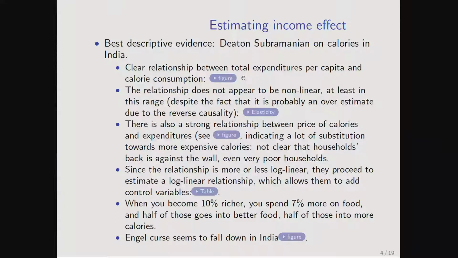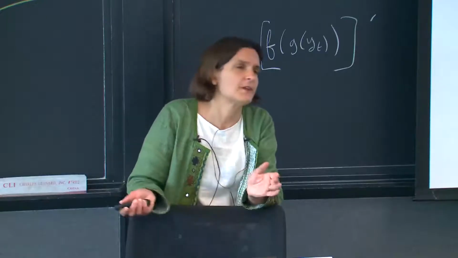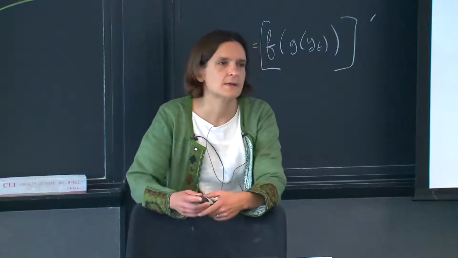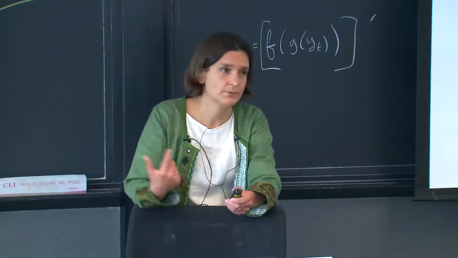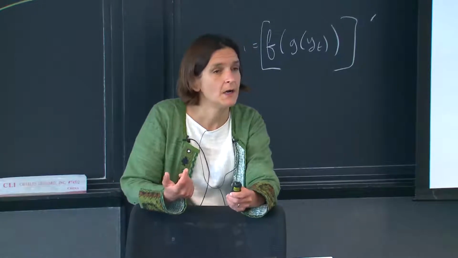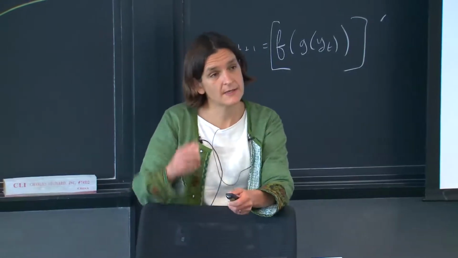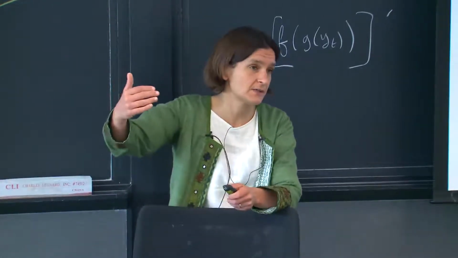It's worth skimming the paper because it's a difficult exercise to know how much people eat. The advantage of the National Sample Survey data is that they have a very, very, very detailed food questionnaire. Otherwise, if the questionnaire is not very detailed, you get into the problem, which I'll show you in a minute, that as people become richer, they not only eat more calories, but eat more expensive calories.